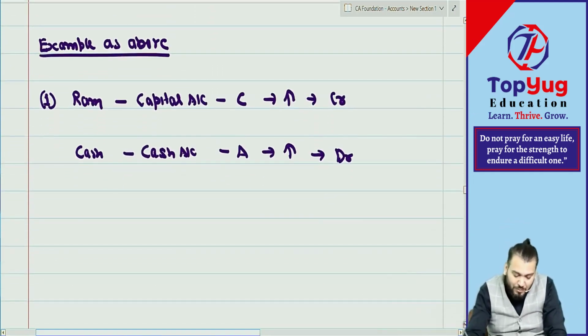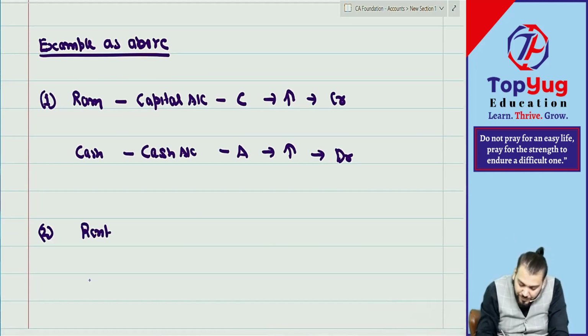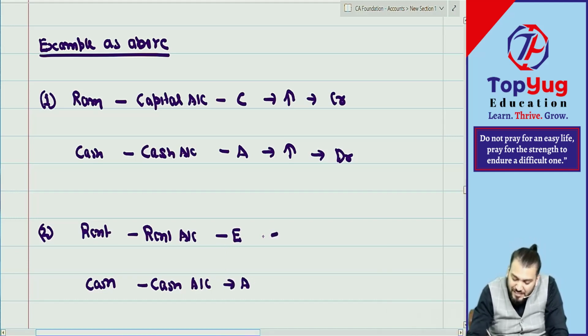Second example. What was the second example? Paid rent, so rent and cash. For rent, which account? Rent account. For cash, which account? Cash account. But rent is what? Expense. Cash is what? Asset. Is the expense increasing or decreasing?